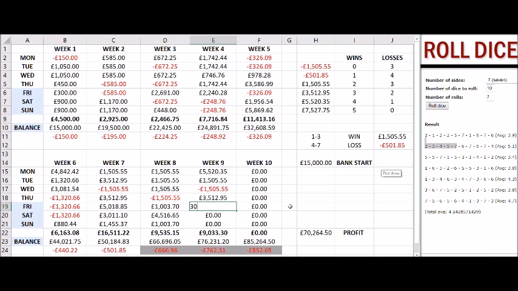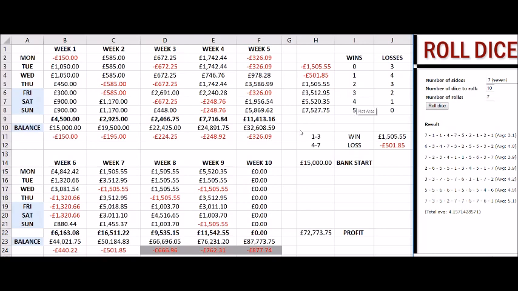This comes to 3011.1. Saturday 2 wins, and then a loss. And then Sunday, it was so £11,000 profit, and then moving on to week number 10.